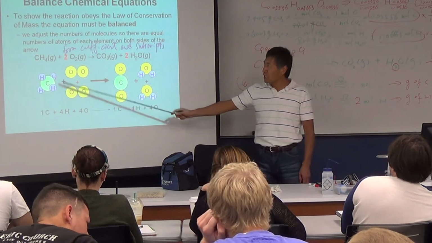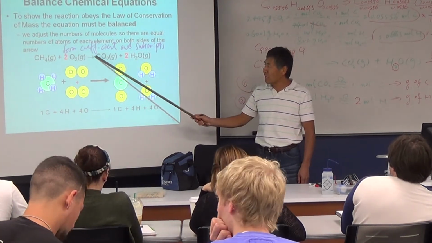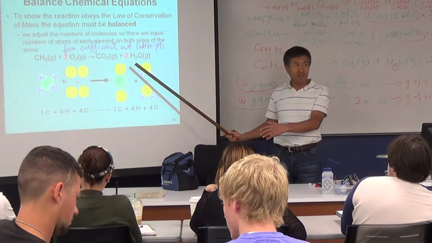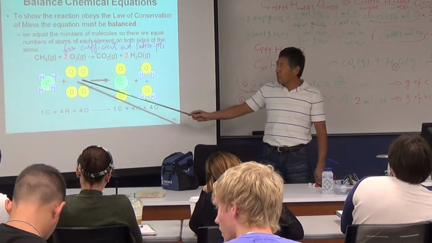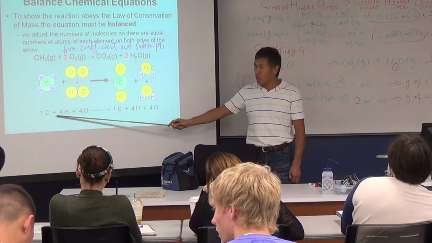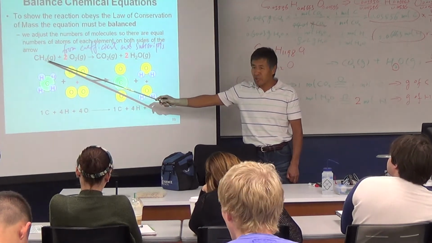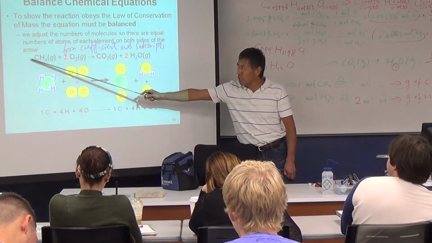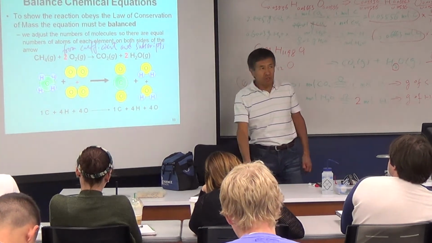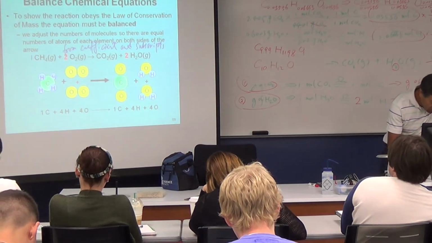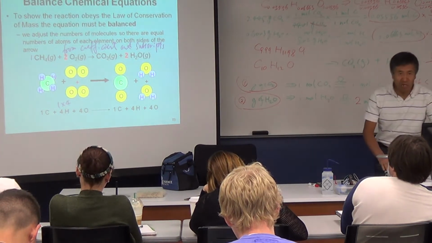And let's see how many H's we have on this side of the arrow. The arrow separates the left side and right side. How many H's do we have? We have 4. How do we get 4? We take this subscript 4 and the coefficient 1. Remember there is a 1 here. So you have 1 times 4. That's how we get that 4.